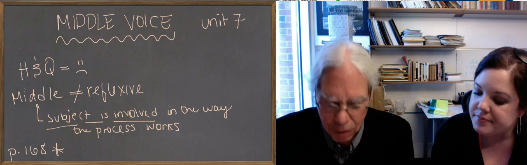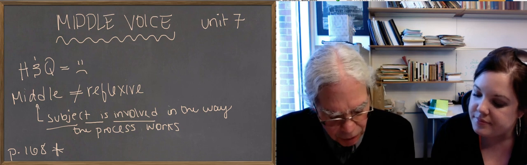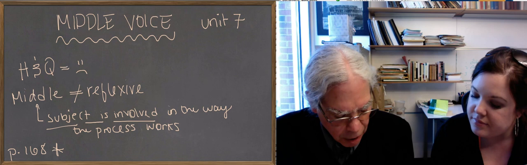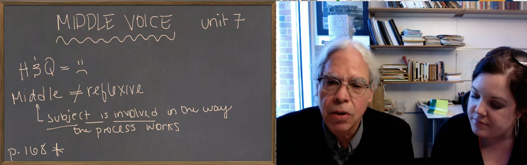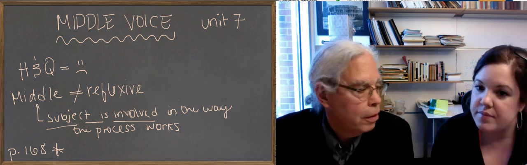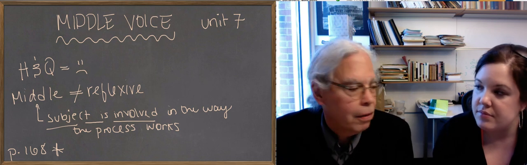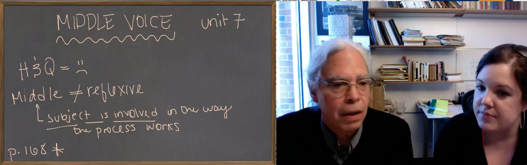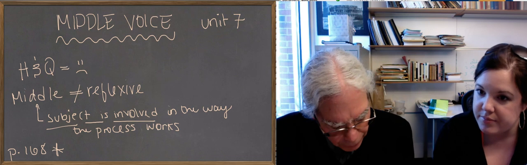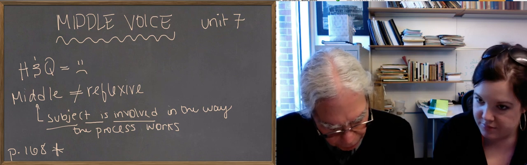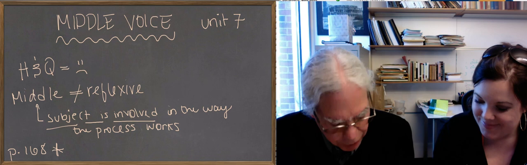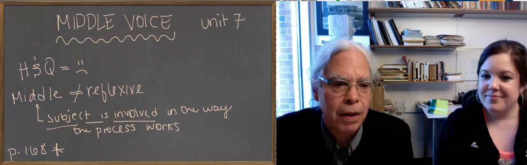So you can see how the subject gets involved in the process. Here's another one. The verb pauo means to make someone or something stop in the active, but in the middle it means cease, right? All right. Like I cease doing something, okay? And here's another one anyway. There's peitho, the verb to persuade. We had that in the last lesson.